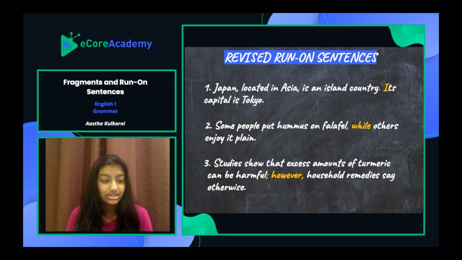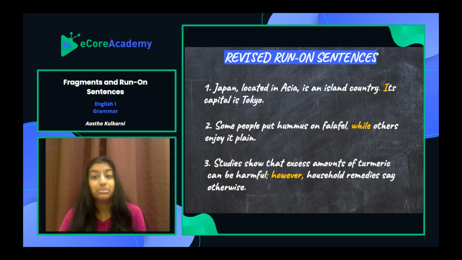So the original sentence was, studies show that excess amounts of turmeric can be harmful, comma, household remedies say otherwise. So in order to make this make more sense, we can simply add a semicolon after harmful, so that would be one sentence, and then after that, household remedies say otherwise. To make a more contrast between that, we could simply tag on however, comma, before that.